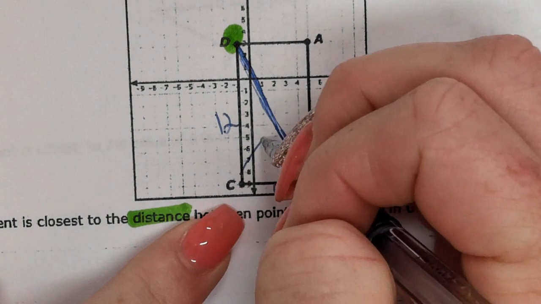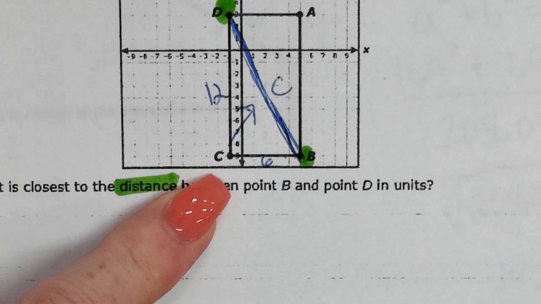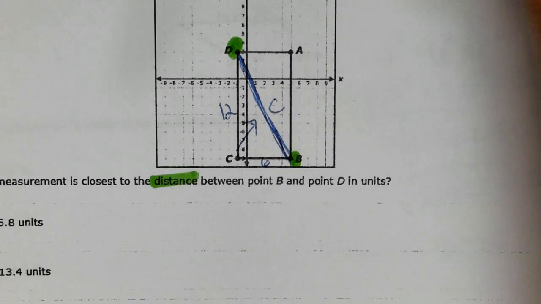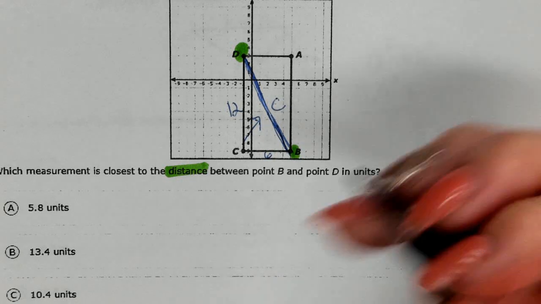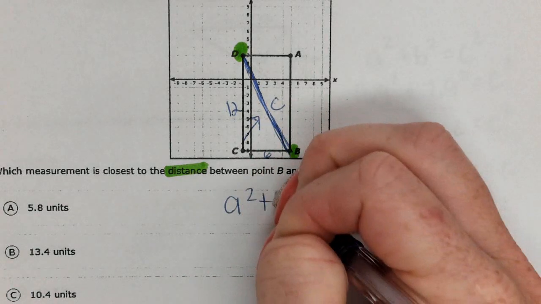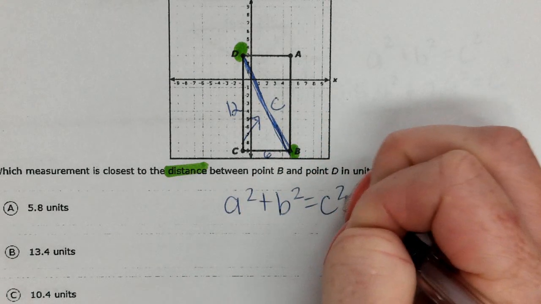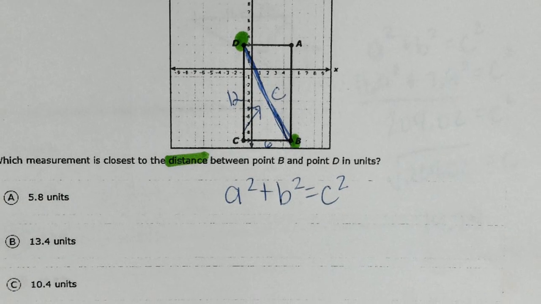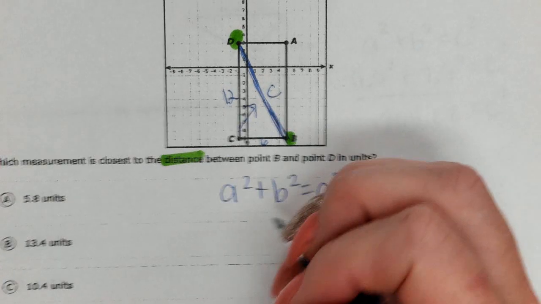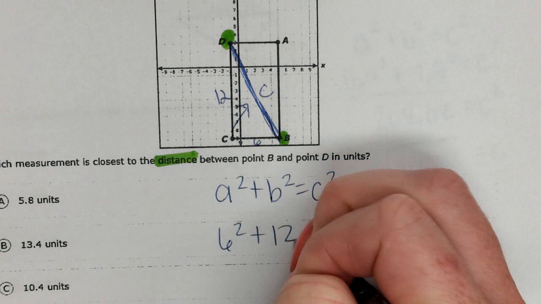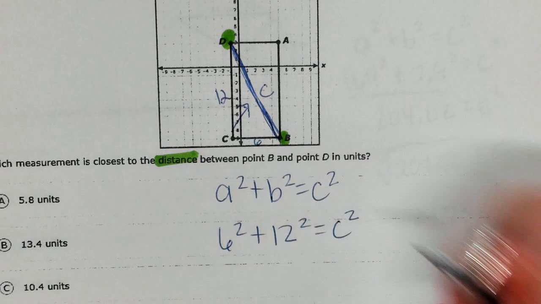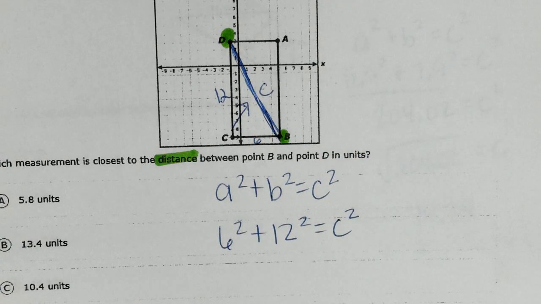And this would be side C. I don't see everybody writing. So I have A squared plus B squared equals C squared. So I'm going to say 6 squared plus 12 squared equals C squared. Do I add or do I subtract?